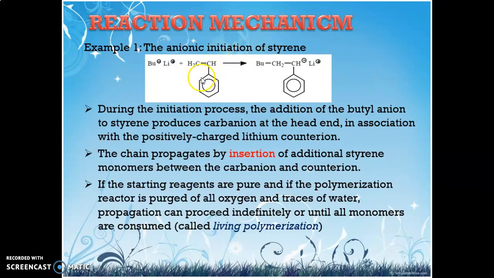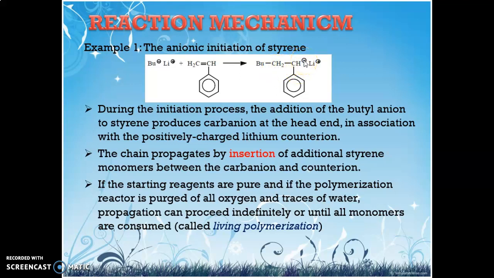So when it reacts with the monomer, which is styrene, it will produce Bu. The butyl structure is attached to the styrene structure without the presence of the double bond. It only becomes a single bond. So just copy the structure of the monomer here.